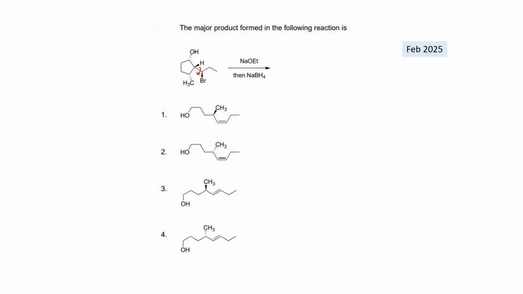So the OH group is already at the anti position of this bromine, so it can easily get removed from the system.